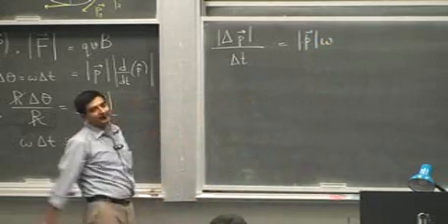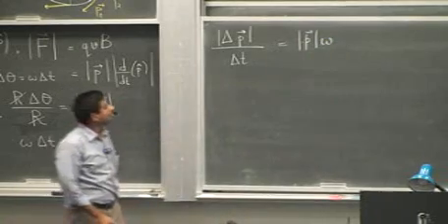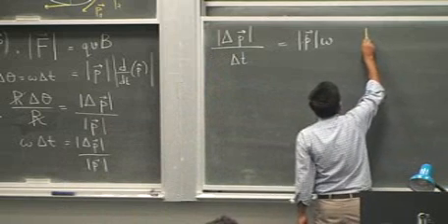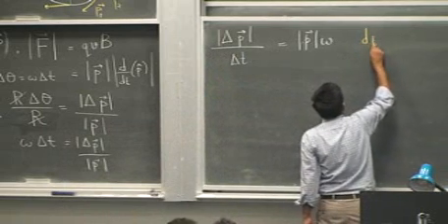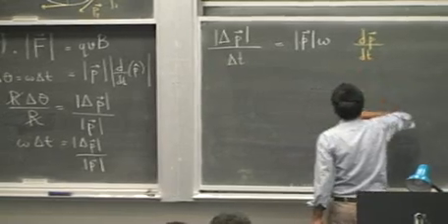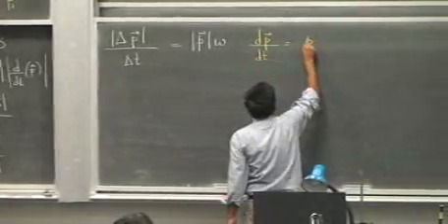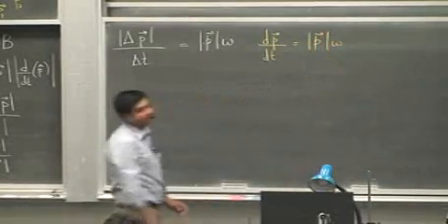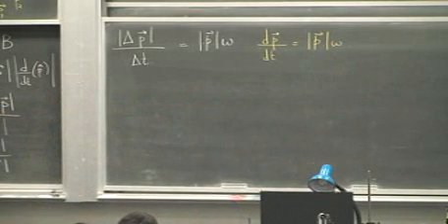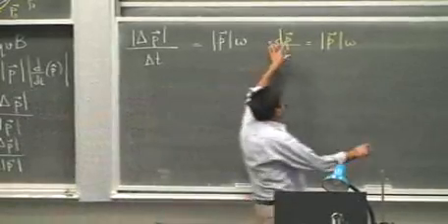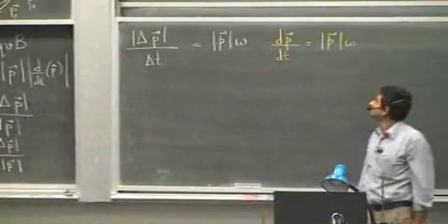And if I take the limit that delta t is really small, then this left hand side is simply the derivative of the momentum vector, dp over dt. This equals p omega. But this is just the net force that is acting on the particle.